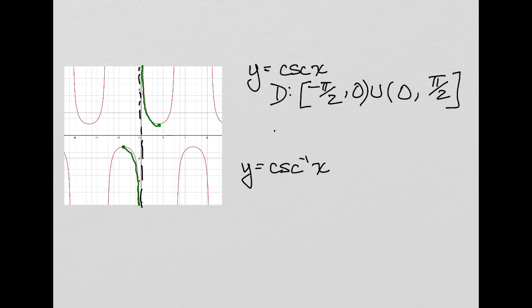The range of the cosecant function is everything up to -1 and everything after +1, and that is, in fact, including -1, so I wanted a square bracket there.